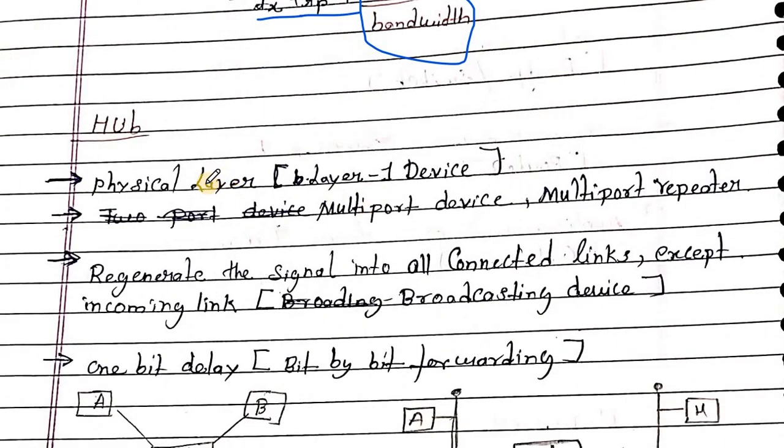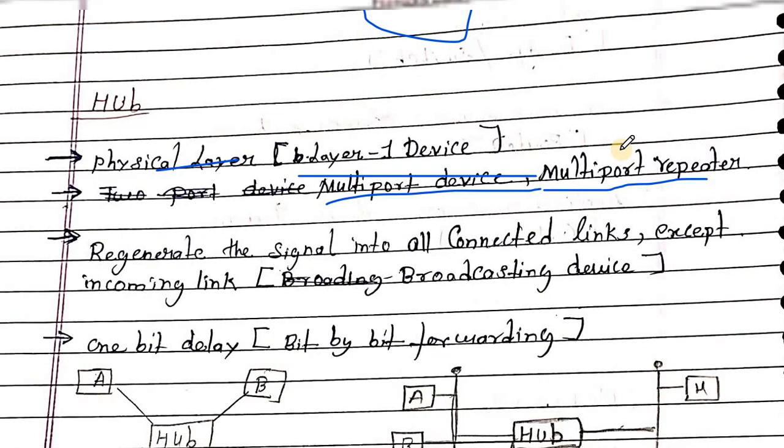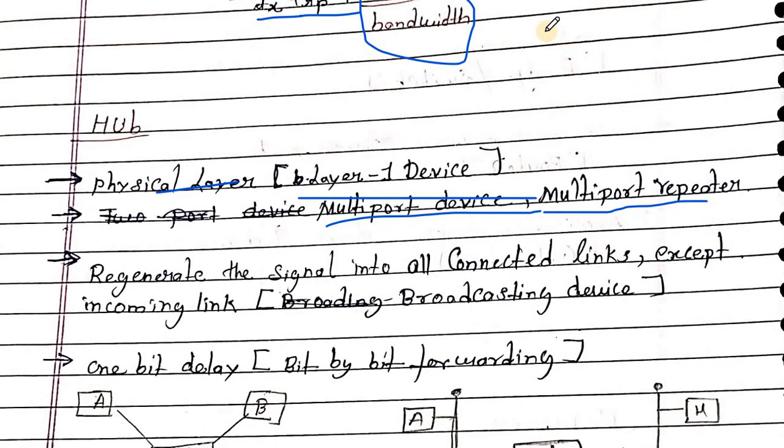Now here we come to the hub. Hub is also a physical layer device and a layer 1 device. The multi-port repeater. In a repeater there is only one incoming port and one outgoing port.